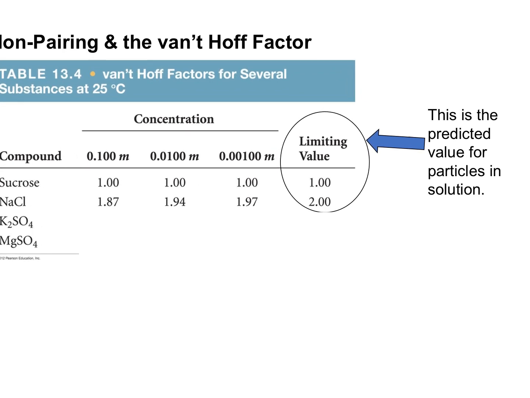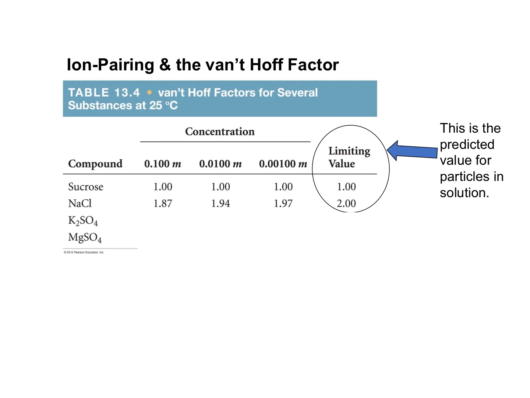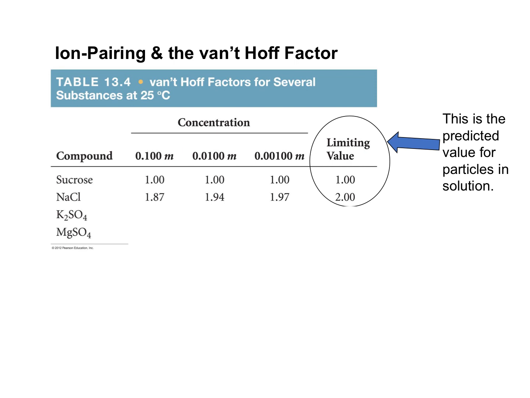All right, so I mentioned that there's a predicted value for number of particles in a solution. So here's a table with Van't Hoff factors at different concentrations of these given solutes in a solution. Sucrose is a non-electrolyte. So for every one sucrose you put in solution, you get one sucrose in solution.